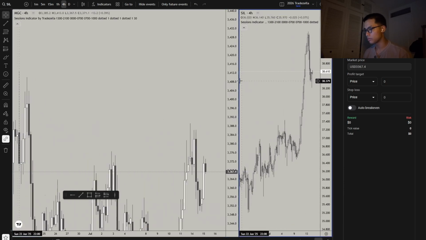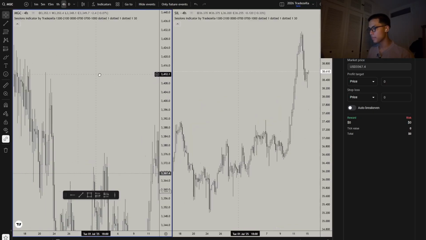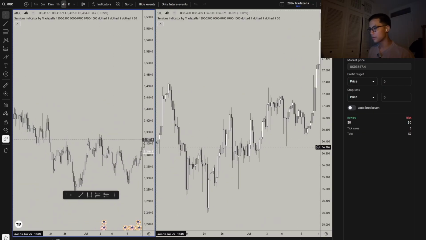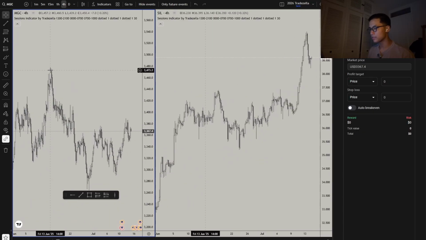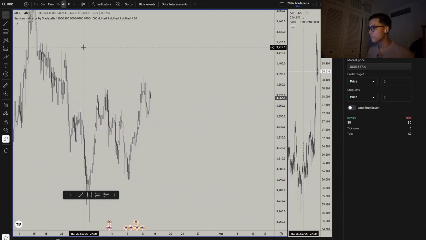So at the moment we are at a very big high time frame SMT. As you guys can see, this high has been swept by silver somewhere here, and we're all the way down here on gold. So technically on the high time frame, gold is a weaker pair.